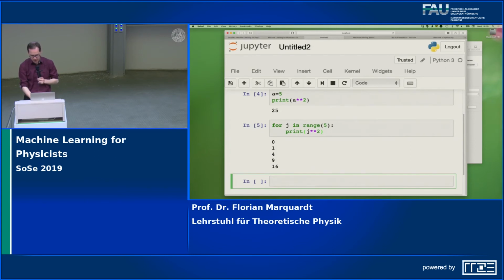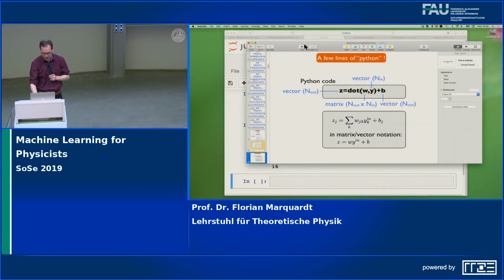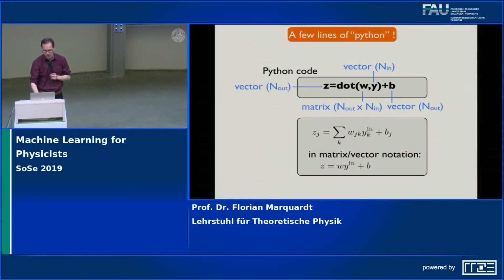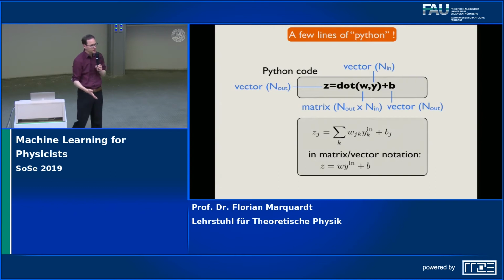So now let me get back briefly to explaining what we want to do with respect to our neural networks, because now we want to implement what I told you before in Python code. And I just have to translate for you the matrix vector notation into Python notation.